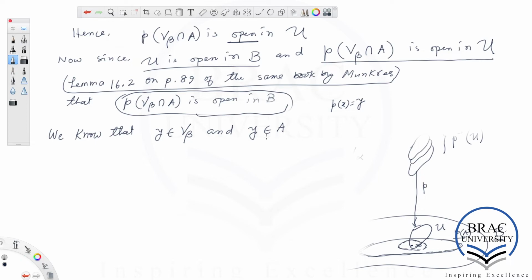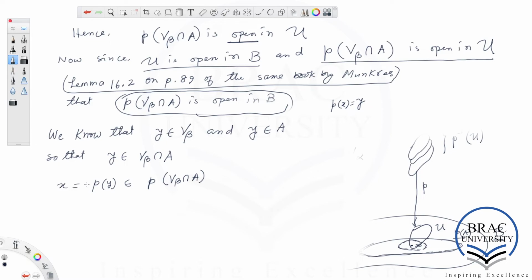So Y is in A and Y is in V beta, so that Y is in the intersection. Hence, we see that P of Y is in P of V beta intersected with A.